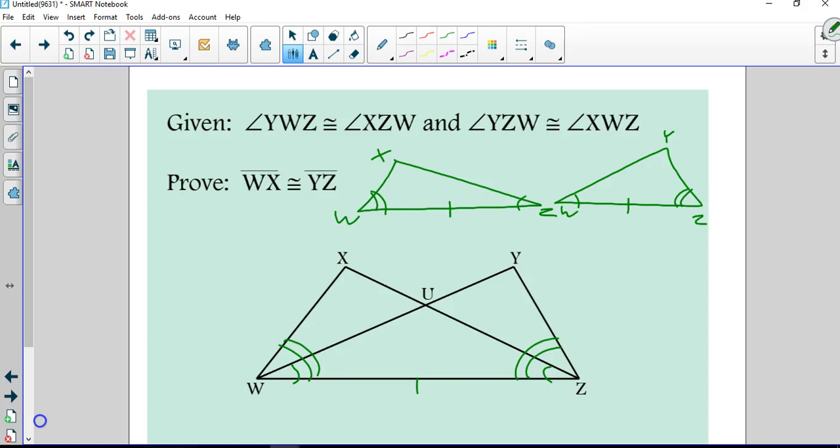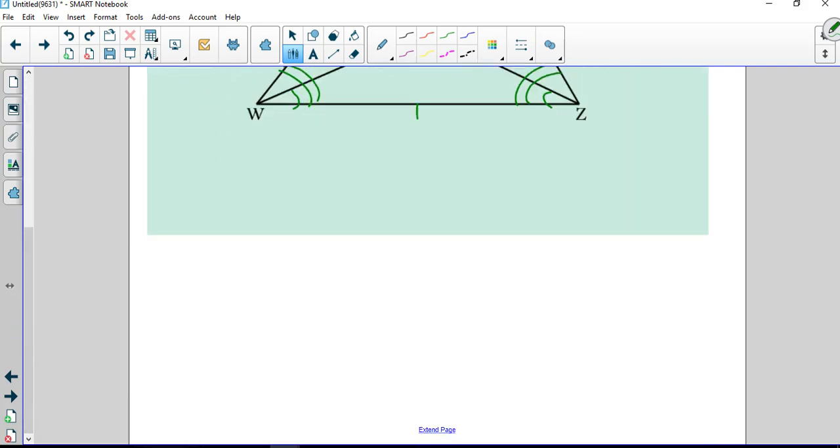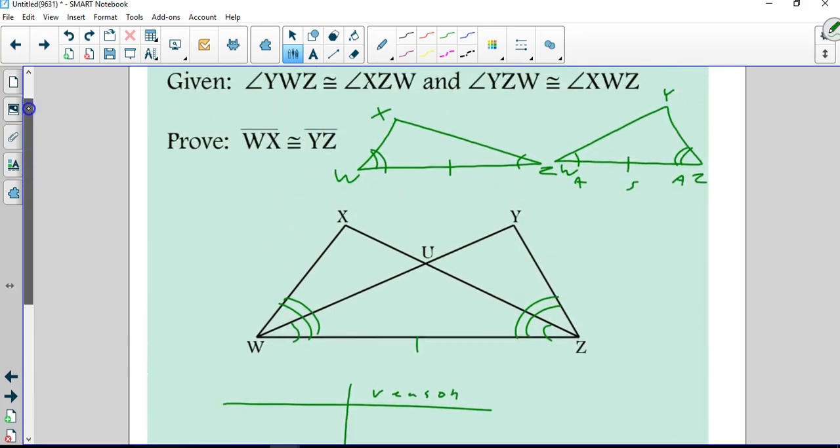If you think about it, by pulling it apart, you can see it a little bit better that we have angle, side, angle. When they're overlapping like that, it's kind of hard to see. But if you can pull them apart and separate them and mark them, you will see that you have the information you need to call them congruent. I'm going to extend the page here. So these overlapping pictures sometimes help to do this.